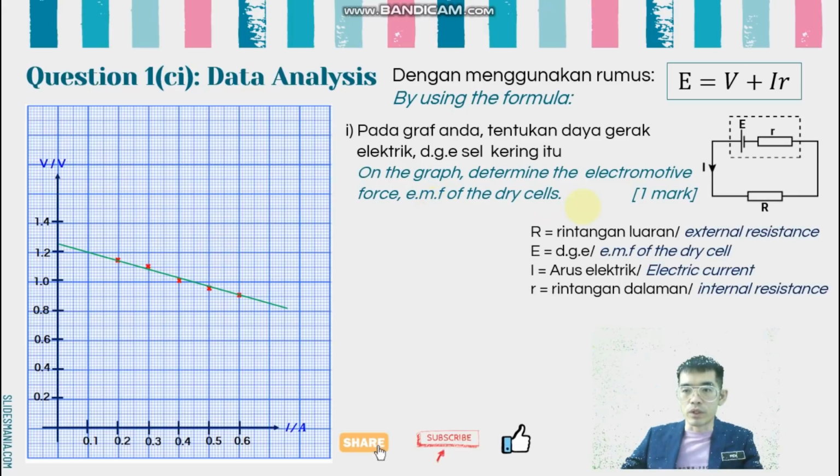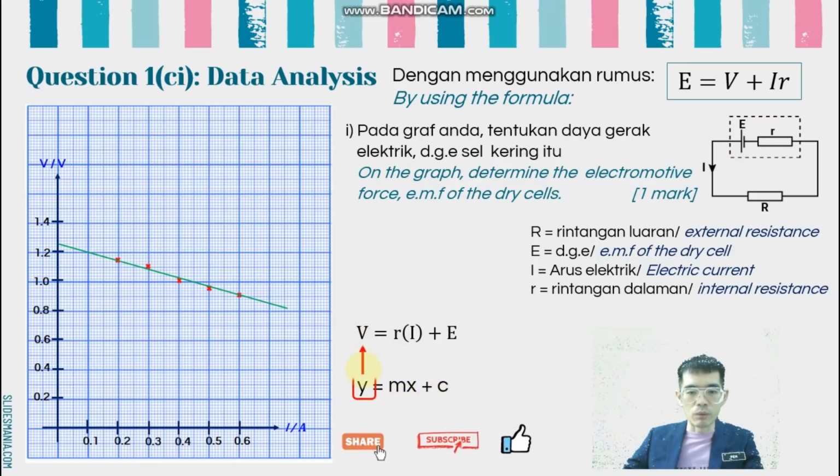Basically, E is represented as the E.M.F. of the dry cell, and the capital R represents the external resistance. I represents the electric current, and the small letter r represents the internal resistance. Here we have to rearrange the formula in the form of y equals mx plus c.